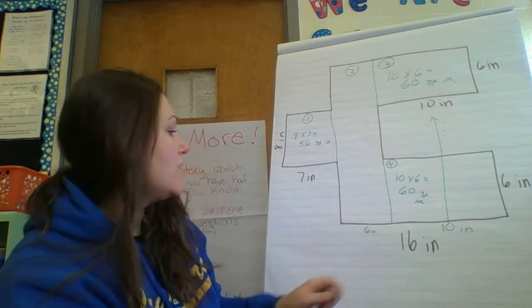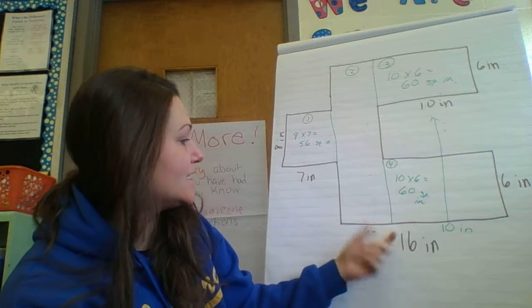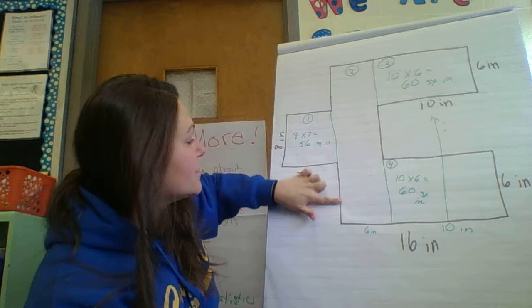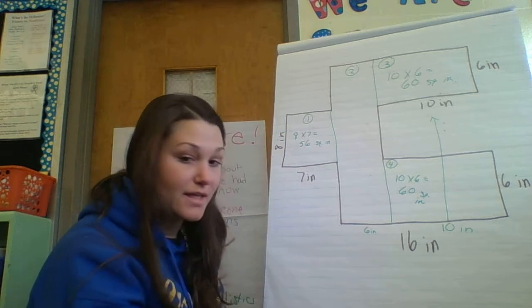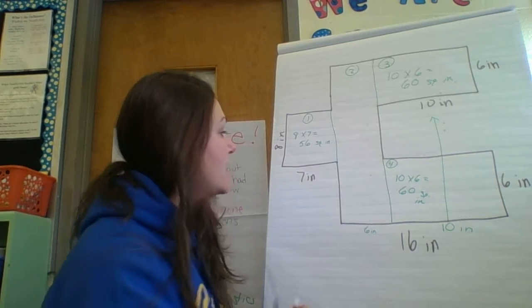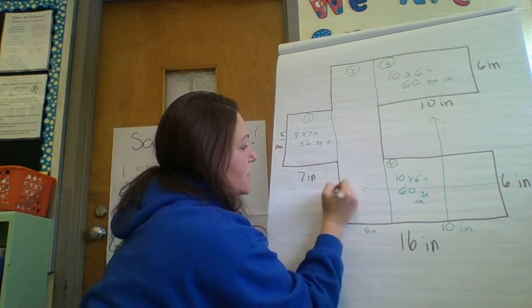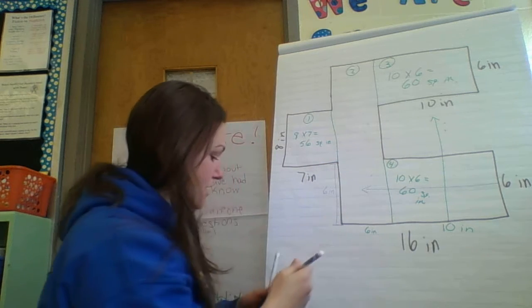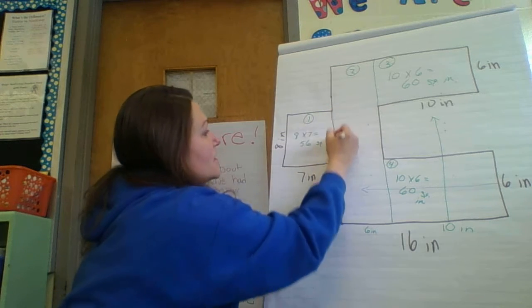Ready? Okay, great. All right, I already have this side length down here that I solved as part of that 16 inches. But now I need to know what this long side length is. And again, I know my opposite sides are equal. So as I'm looking at this shape, I see that over here, my opposite side is 6 inches. So I know from here to here is going to be 6 inches. Now, let's see if I can figure out what this side is.